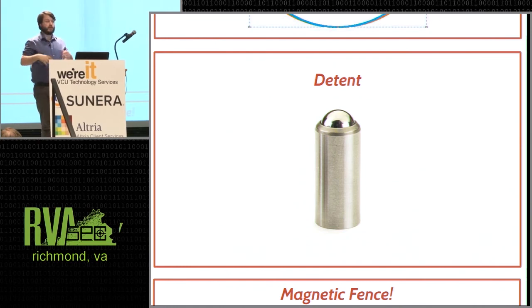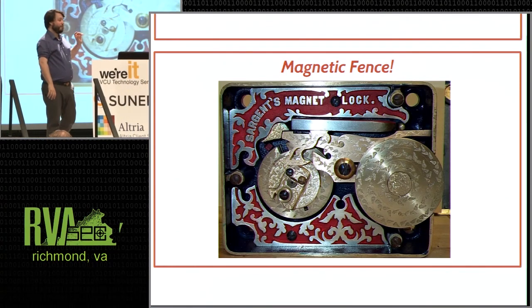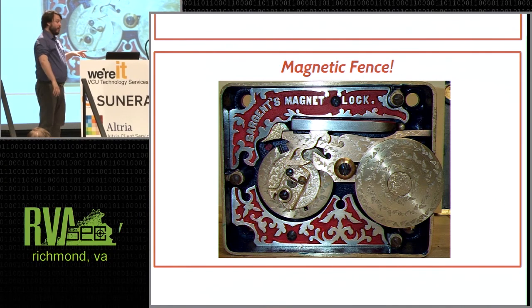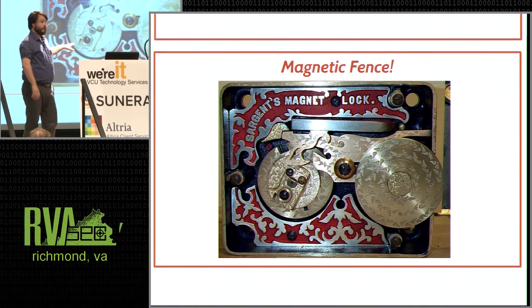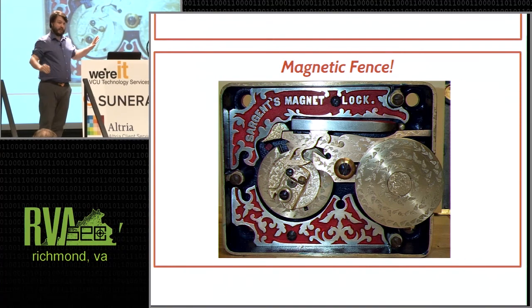But then Sargent came out with the magnetic fence, and this thing is super cool. It still has a fly, but instead of relying solely on the fly riding along the cam wheel, the whole operation is actually held up by a magnet.